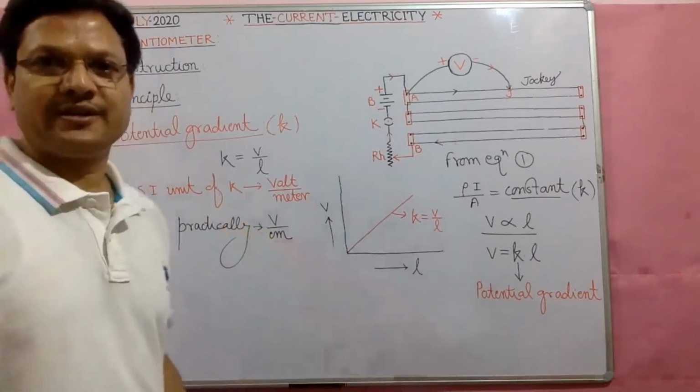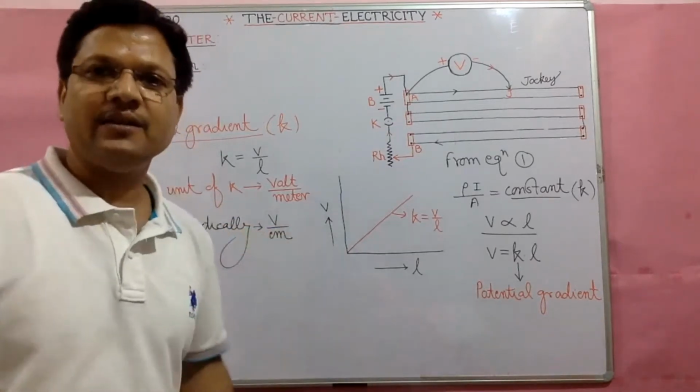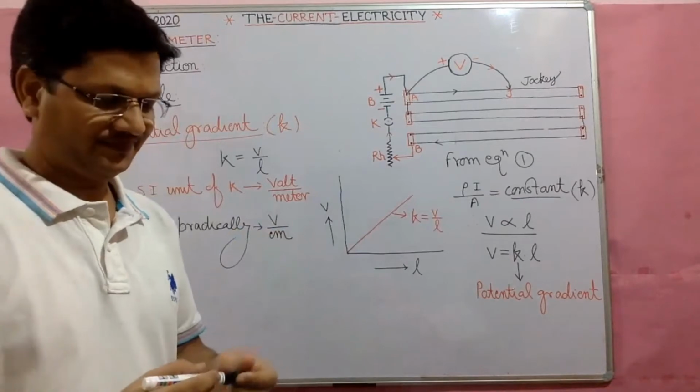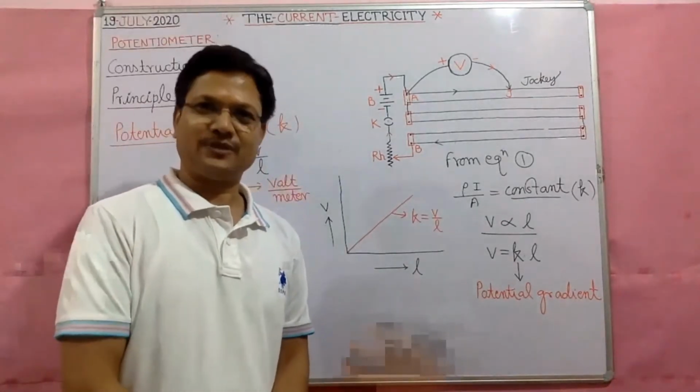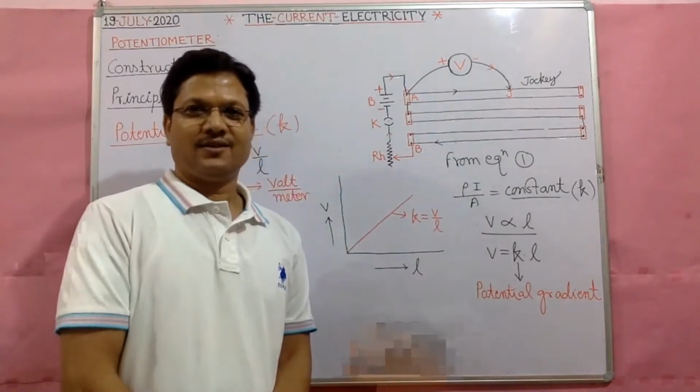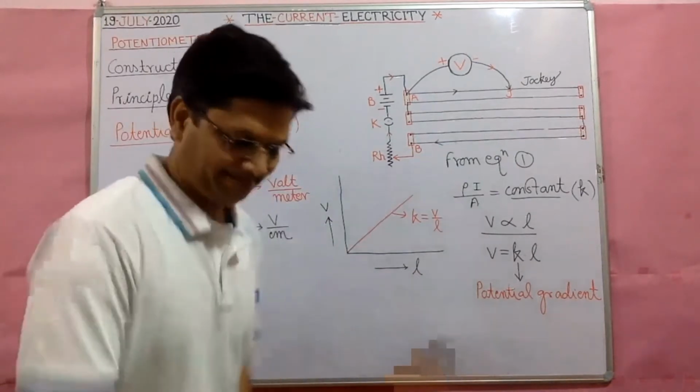The practical unit that we generally use is volt per centimeter. So this is the basic principle of the potentiometer. I hope you understood.